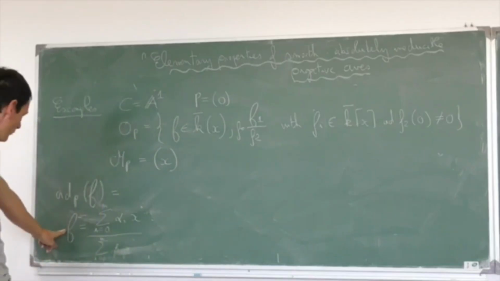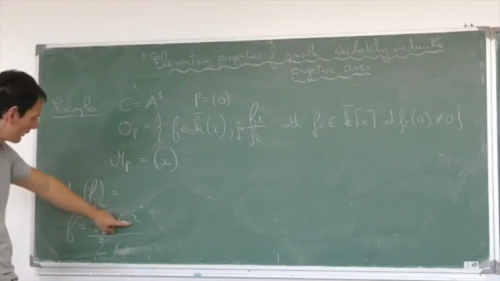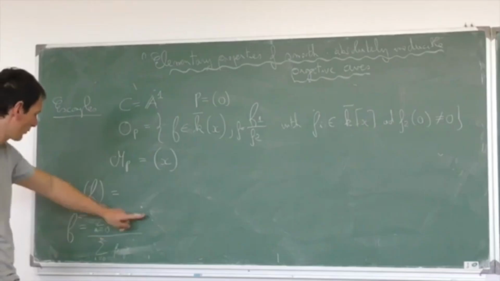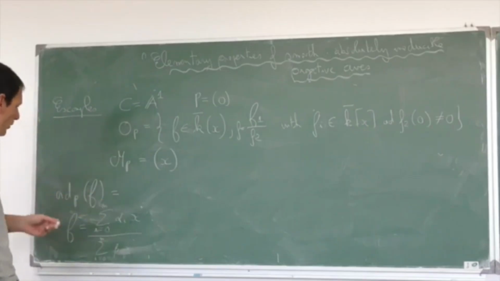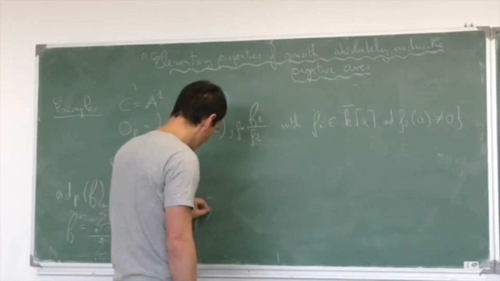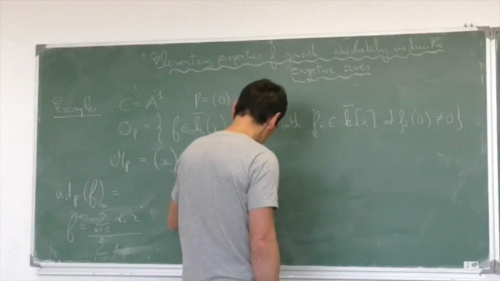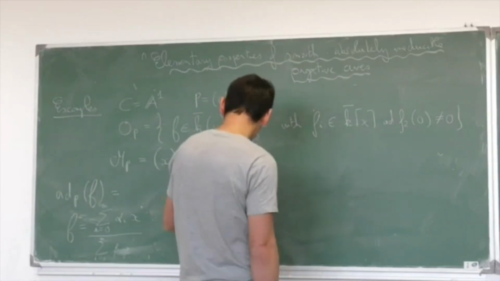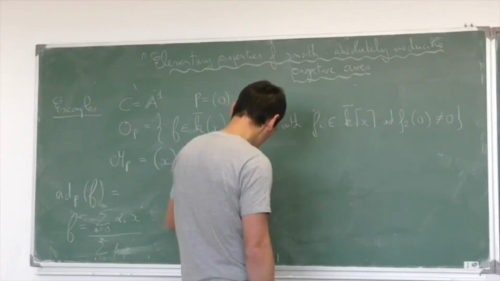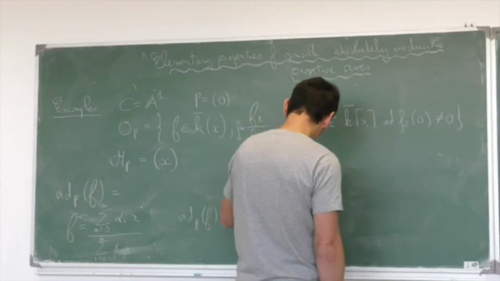The valuation of f is simply: you look at the numerators and you look at the maximal power of x which divides the numerator. Or in another sense, the order at P of f is the min of the i such that alpha i is different from 0.